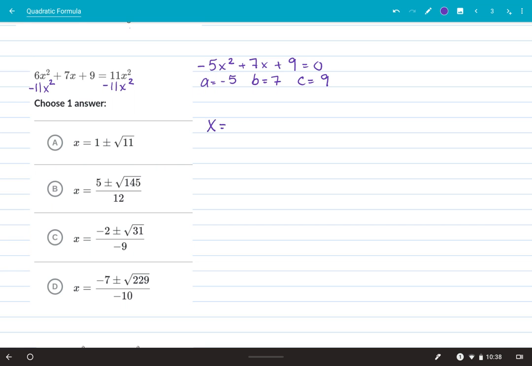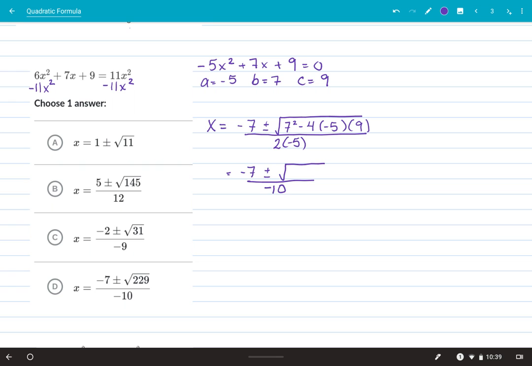So x equals the opposite of b plus or minus the square root of b squared minus 4ac, all over 2a. Do what you know before you bring out the calculator.